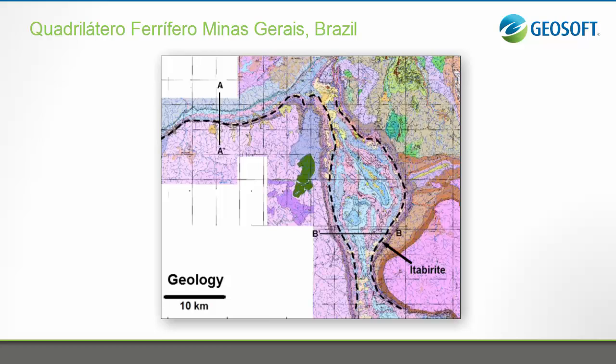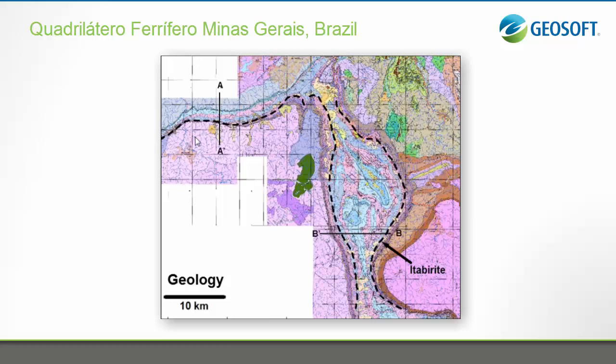So I thought we'd grab a really juicy example in Brazil. This is from the iron ore quadrilateral around Belo Horizonte in Minas Gerais. This particular feature has a production of about 160 million tons of iron ore a year. It's perhaps the largest or the second largest iron ore producing piece of ground on Earth.